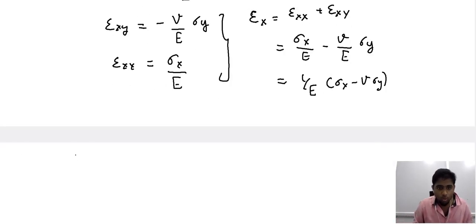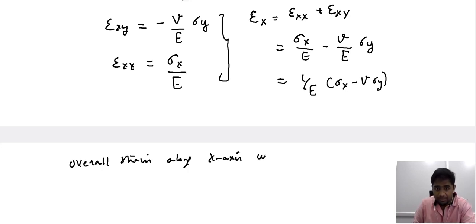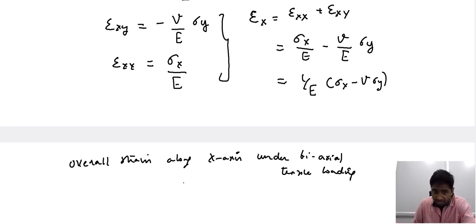So the overall strain along x-axis under biaxial tensile loading is of the form that we have right now derived, that is epsilon x, the overall strain, is 1 by Young's modulus, sigma x minus the Poisson's ratio and sigma y.